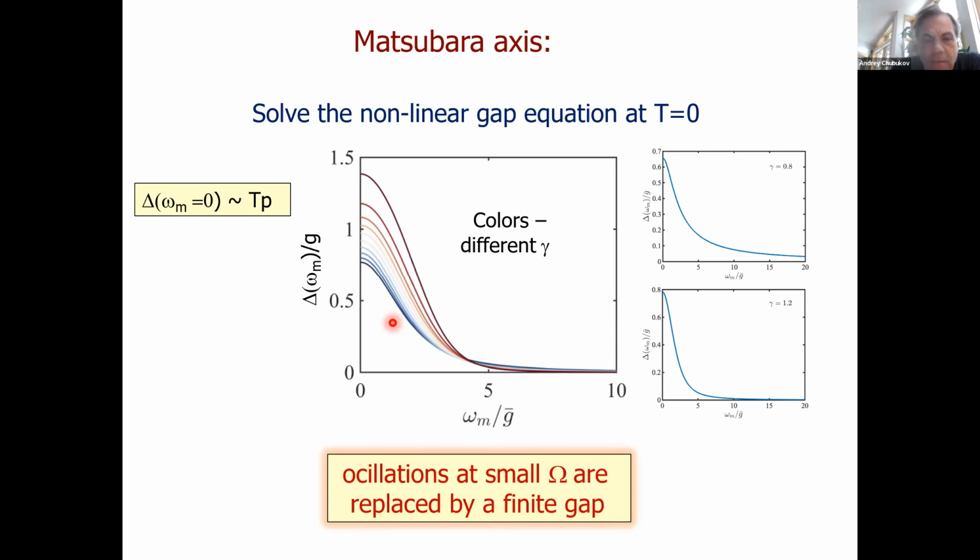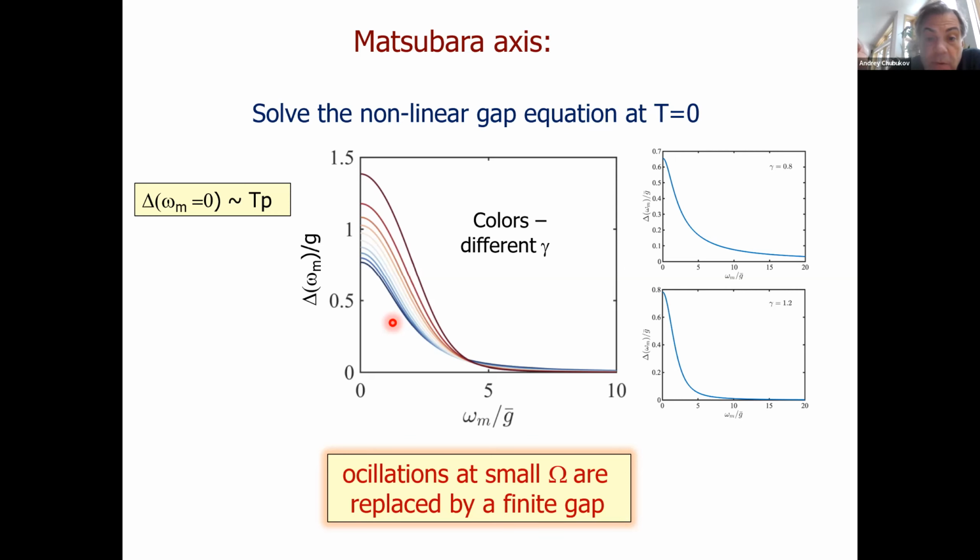On one hand, it's customary to look into the Matsubara axis. By the way, we solved the linearized equation on the Matsubara axis. And then apparently everything is simple. Namely, you solve the nonlinear gap equation. And remember, there was a scale up to which oscillations were extending when we tried to solve the linearized equation.